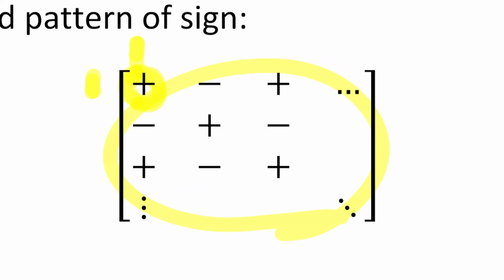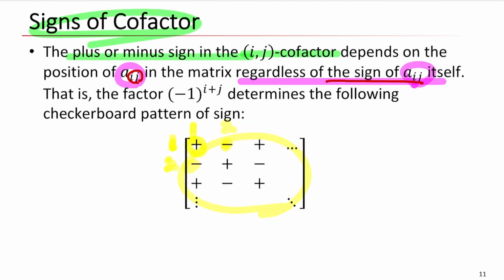This is i equal to 2, j equal to 1. This one is i equal to 1, j equal to 2. So the position ij determines the sign.